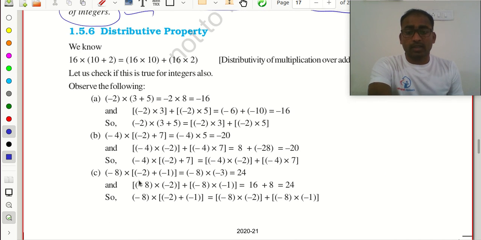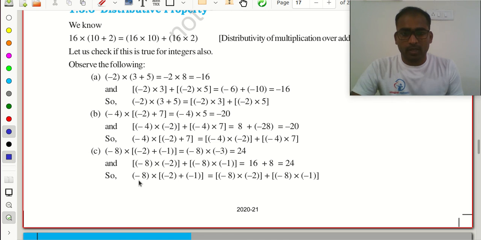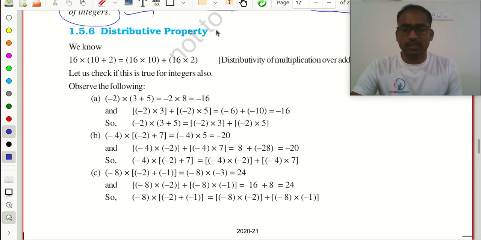Next, the distributive property. In addition, what I told about the distributive property: suppose A multiplied with B plus C is how much? AB plus AC.